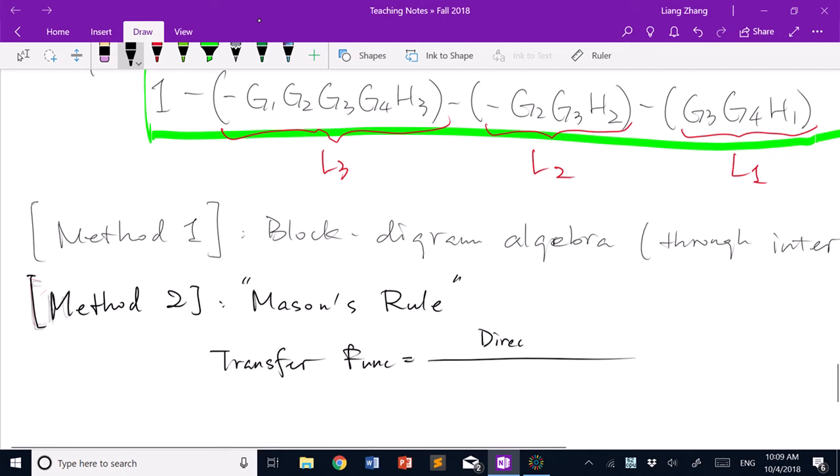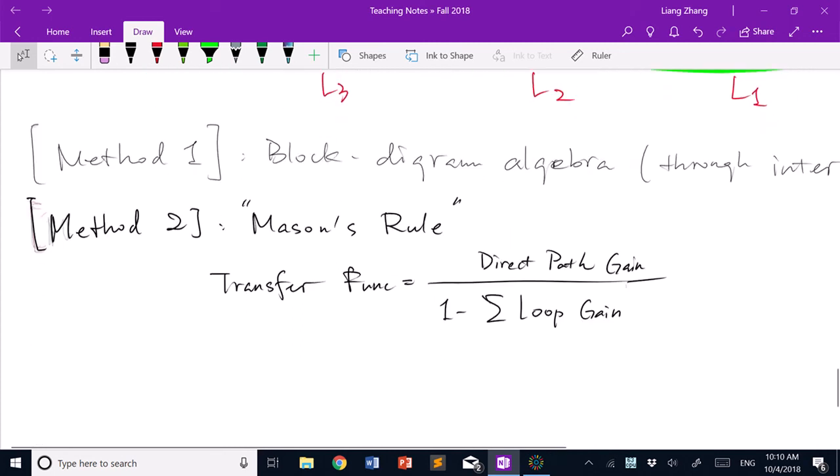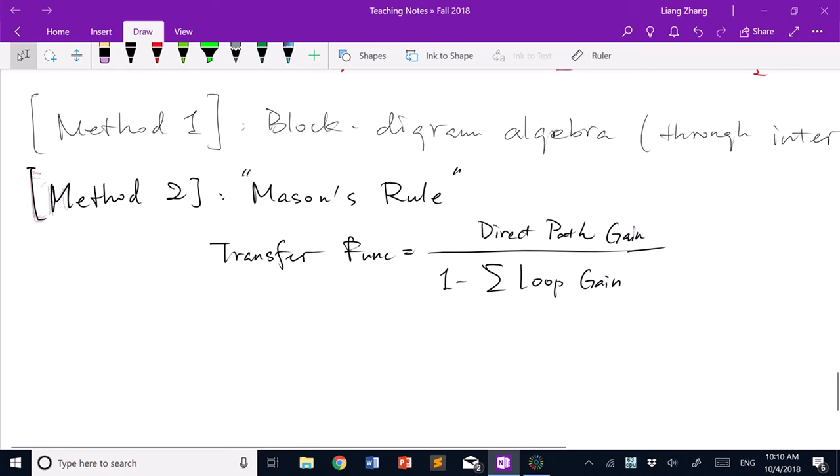That tells you the transfer function is equal to your direct path over 1 minus the total of all the loop gains. Direct path, of course. So it's direct path gain divided by 1 minus the sum of all the loop gains. So 1 minus loop gain of number 1, minus the loop gain of number 2, minus the loop gain of number 3, and so on.